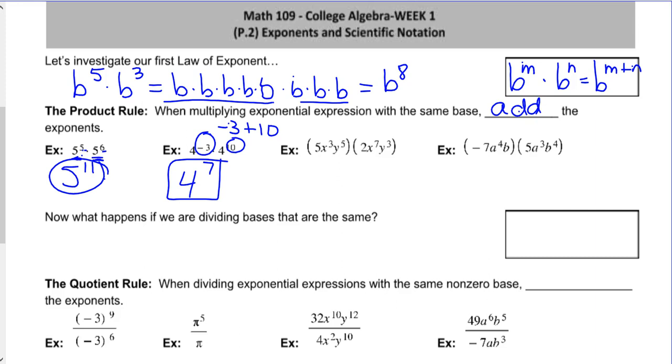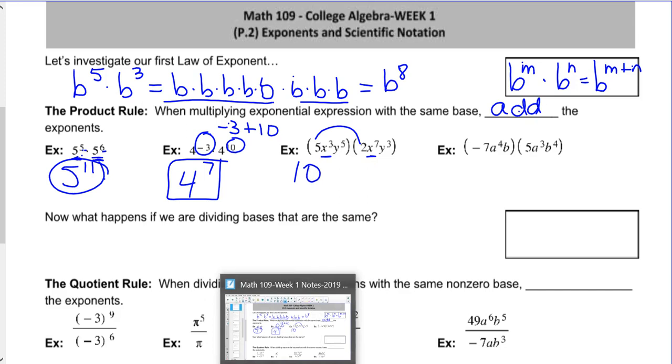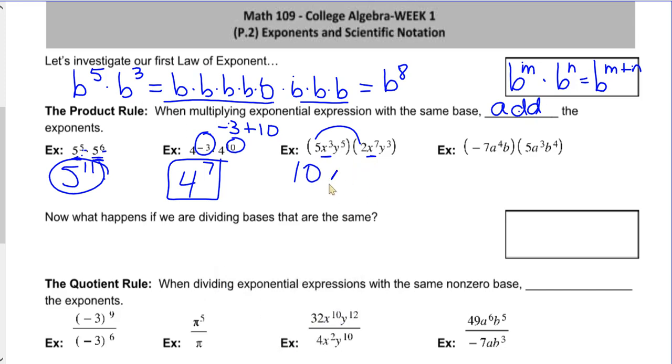I can change them around by our properties, the commutative property and the associative property, but I'm not going to waste time or space to do that. Basically, we multiply the 5 times the 2 and get 10. Then I return to my x's. I have 3 x's there, 7 x's there, 2 bases with 2 powers. That means I can add those exponents and get 10.